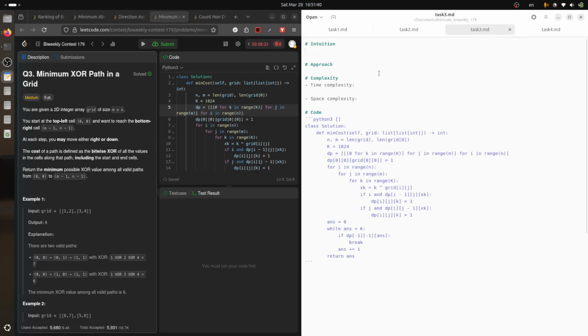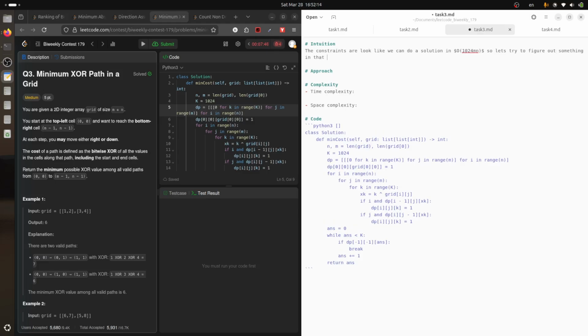So the constraints are pretty small. The constraints look like we can do a solution in O of 1024 times mn. So let's try to figure out something in that sense.